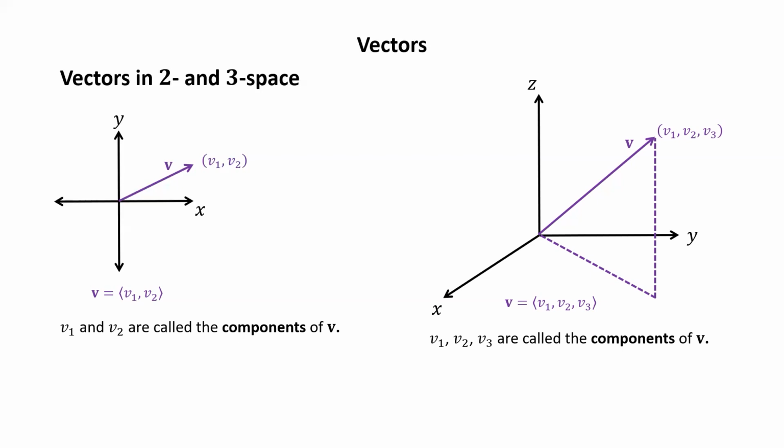Once again, remember, we can only write it this way when the vector is in standard position, meaning starting at the origin. If it's not starting at the origin, you will want to move it to the origin first, either geometrically or algebraically, so that you could see what the components are.